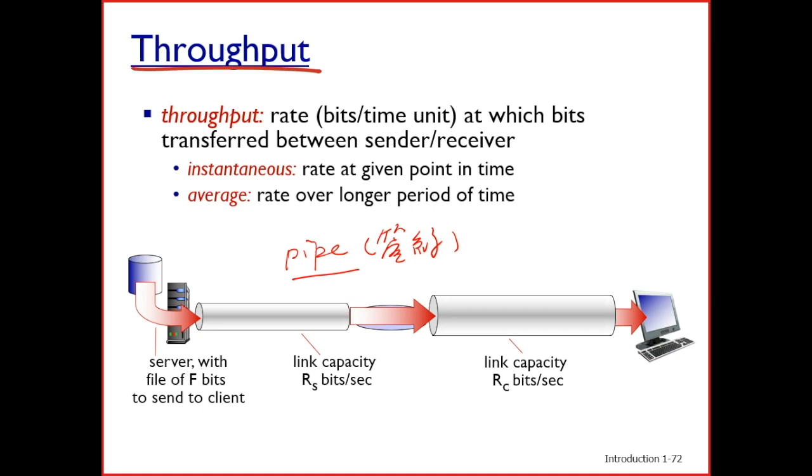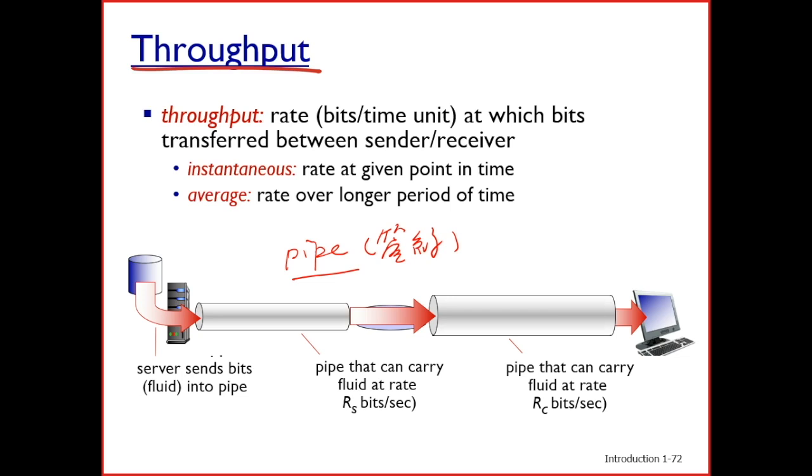So how do we get the throughput for a scenario like this? First of all, we have a server. The server goes through the link of the server, then the router, and then the link to the destination. If we consider the link capacity, how do we get the throughput?